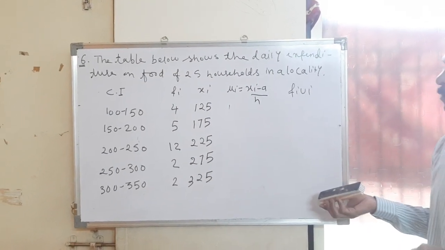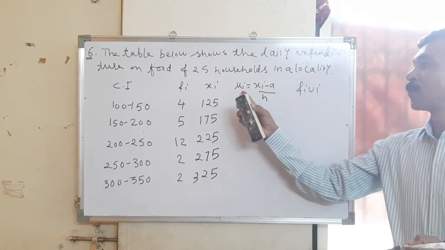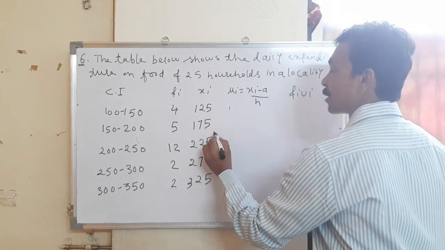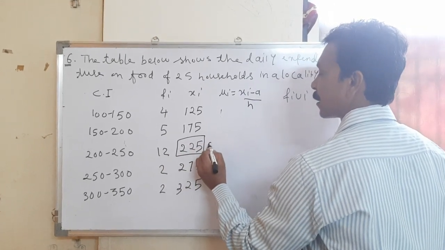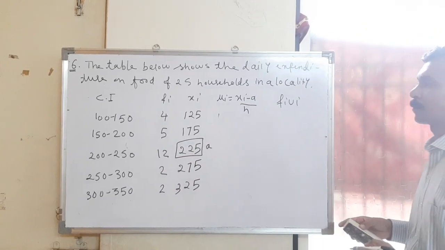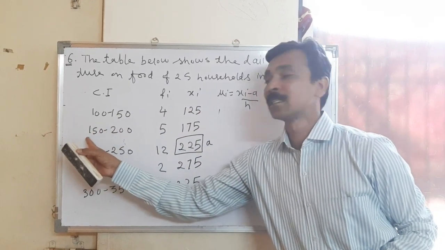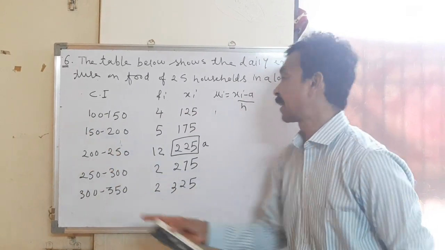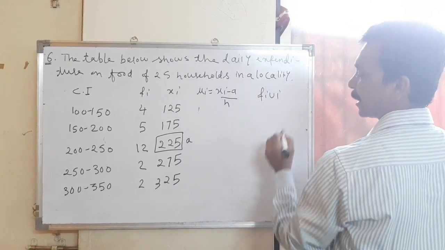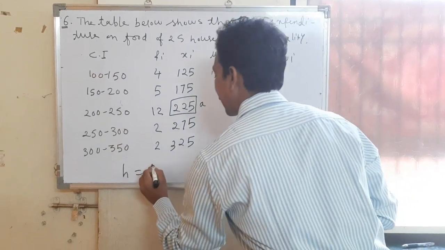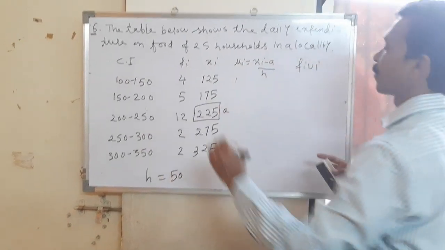The next part which you have to do here: before finding ui, you have to find assumed mean. So here assumed mean is the middlemost number, that is 225, and height is upper limit minus lower limit, that is 150 minus 100. So h is equal to 150 minus 100, is 50.